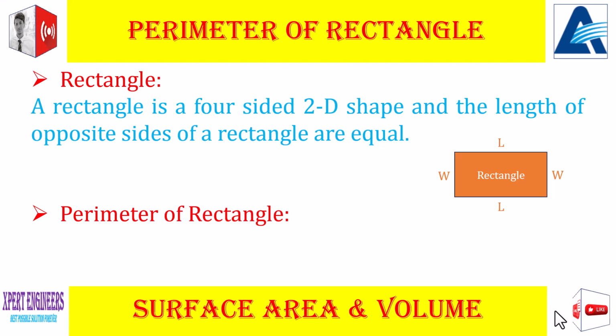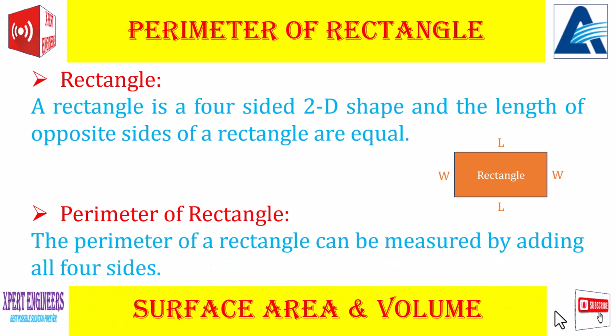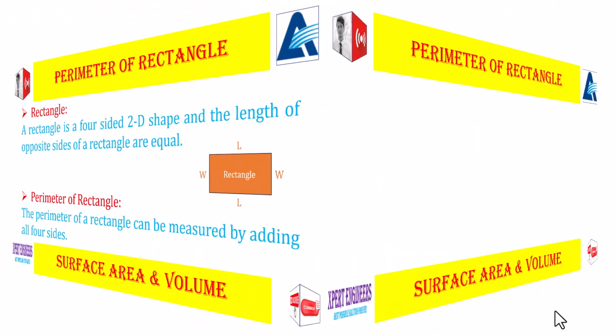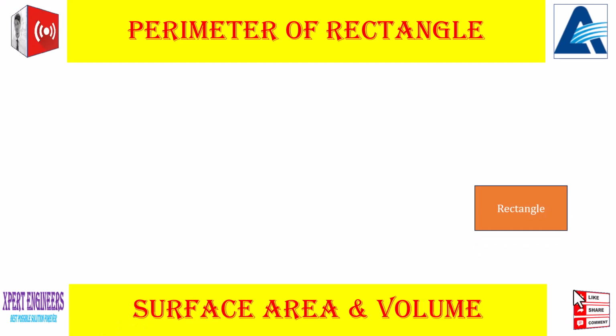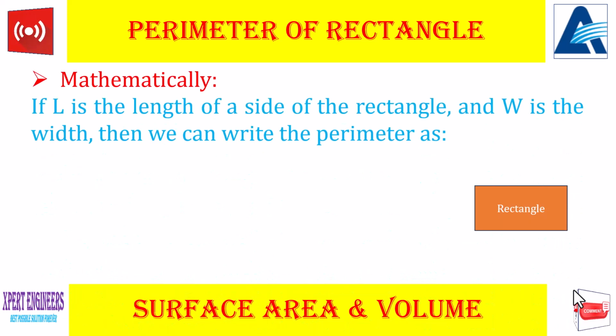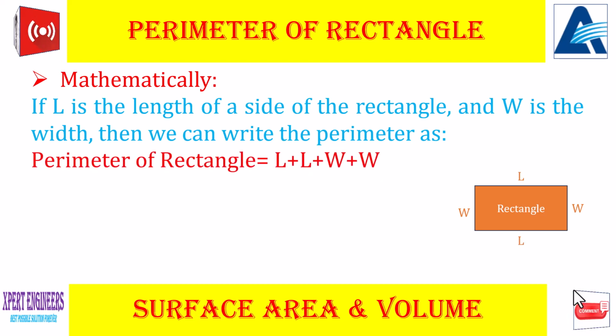Now we will discuss perimeter of rectangle. The perimeter of a rectangle can be measured by adding the length of all four sides of the rectangle. Let us suppose that we have this rectangle. Let's assume that L is the length of a side of the rectangle and W is the width, then we can write the perimeter of rectangle as length plus width plus length plus width.